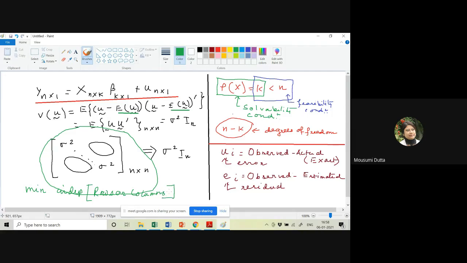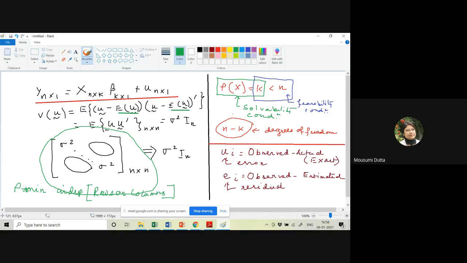The rank of a matrix indicates the minimum of independent rows or columns.